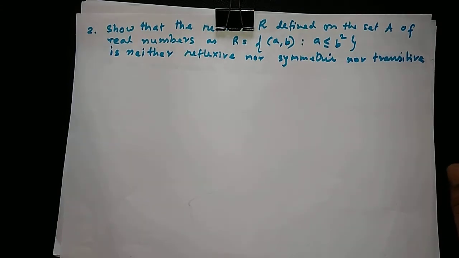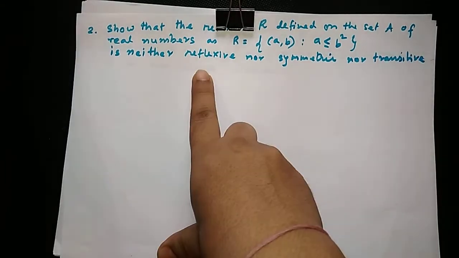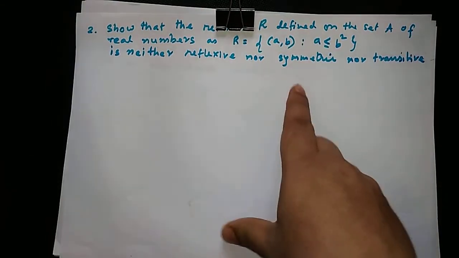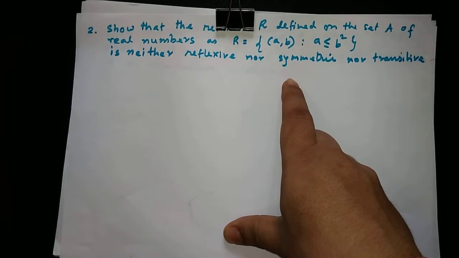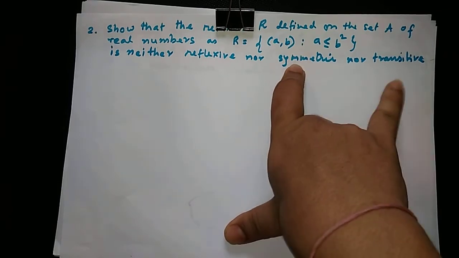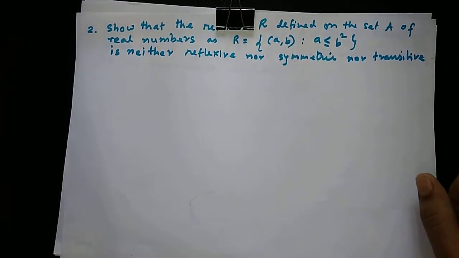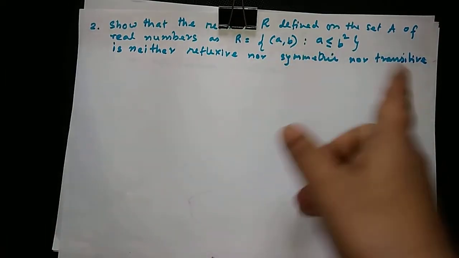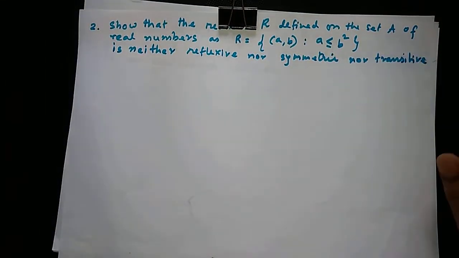Instead of giving a general proof, we'll try to find an example of an ordered pair which will violate the reflexive nature, or the same example or another example will violate the symmetric and the transitive nature of this relation.